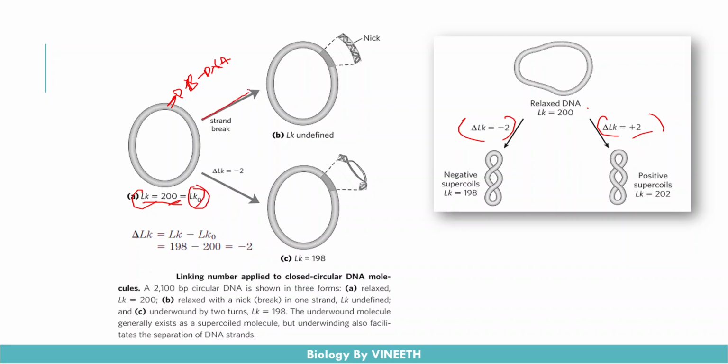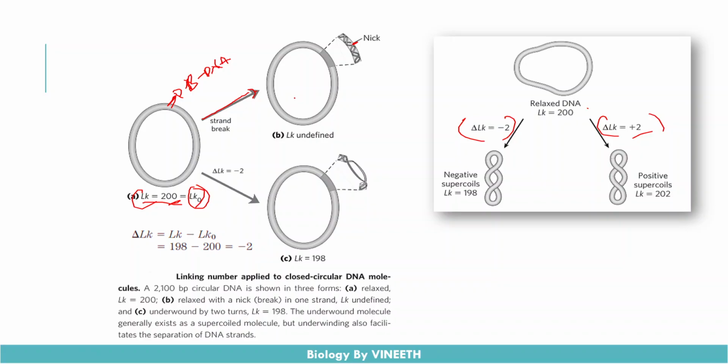If you break a strand, if you create a nick here, you are not changing the linking number, but you are relieving the strain on the supercoiled molecule and actually changing the topology of the DNA.